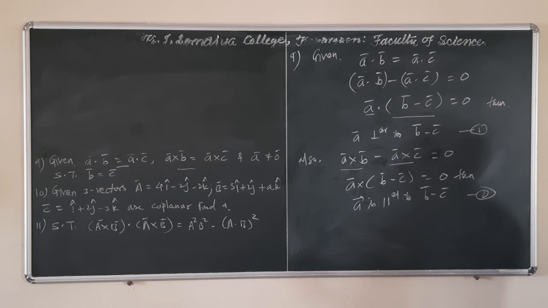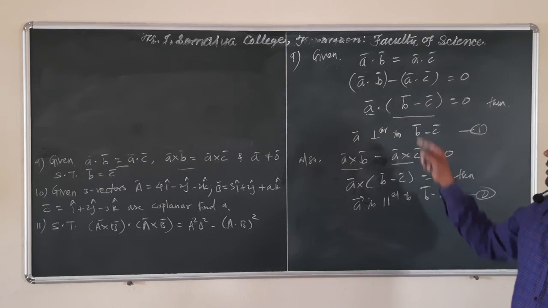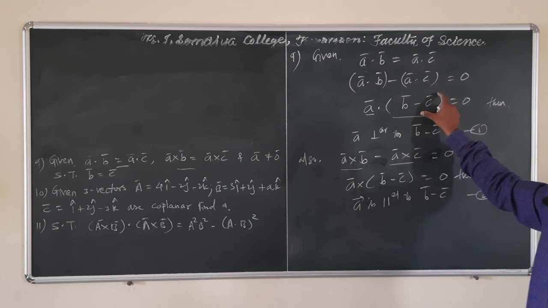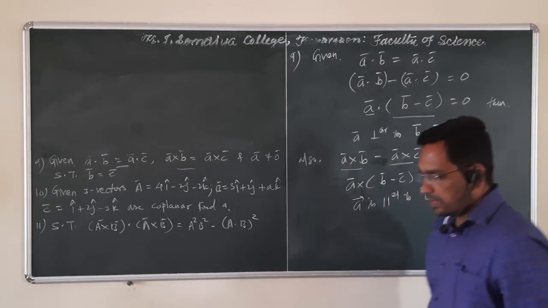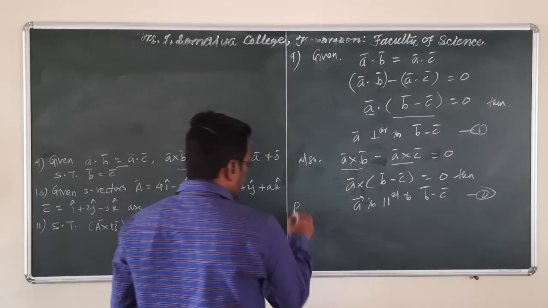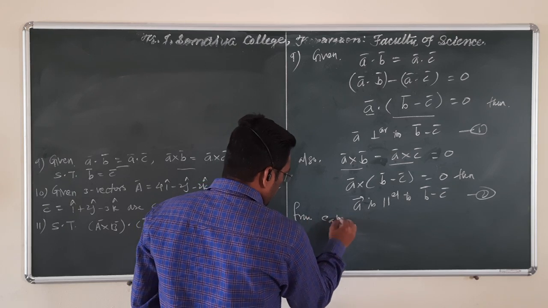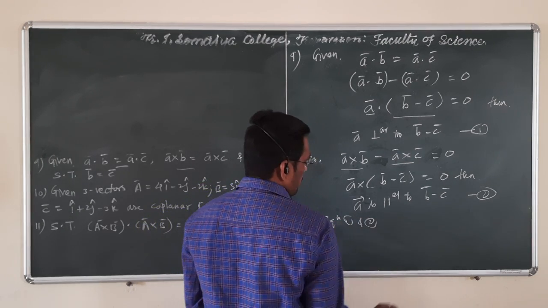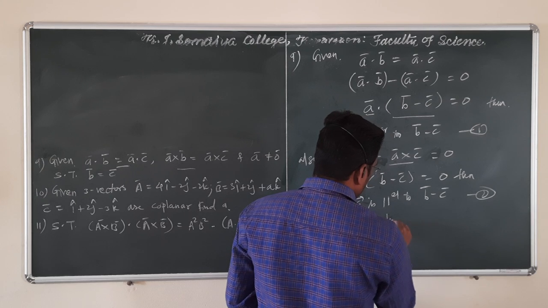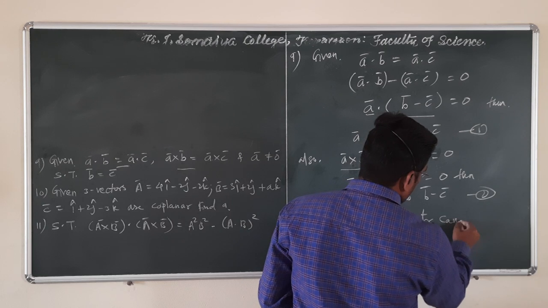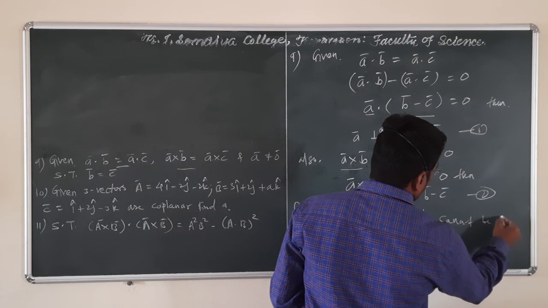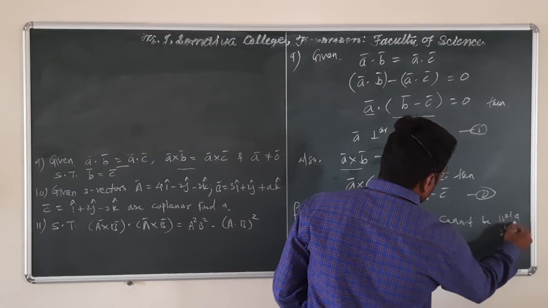Two vectors cannot be at the same time parallel and perpendicular to each other. But what is given? Vector A is non-zero. So that's why the second term must be 0 to satisfy these equations. Hence, from equations 1 and 2, two vectors cannot be simultaneously parallel and perpendicular.